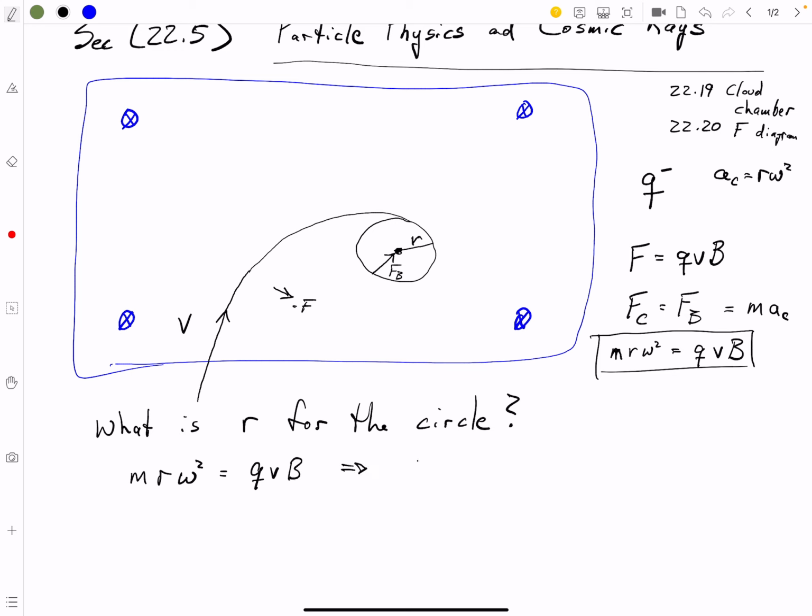If we want all of this in terms of the velocity that we have going in, because that's something we're given, then omega is equal to V over r, and omega squared is V over r squared. So let's substitute in omega squared.